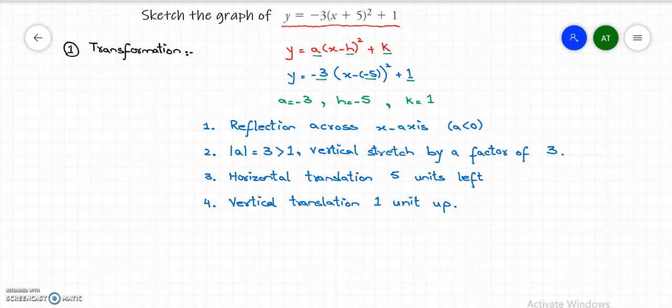Let me write down the coordinate rule as well. So the (x, y) coordinate is going to change to (x plus h, a times y plus k). So let's plug in the values of a, h and k. So (x, y) changes to (x minus 5, -3y plus 1). Okay, so let me write down the table now.